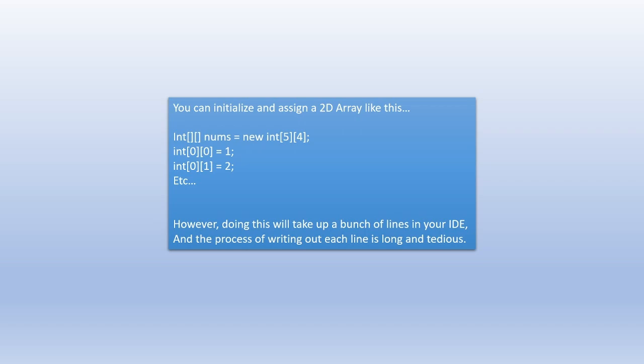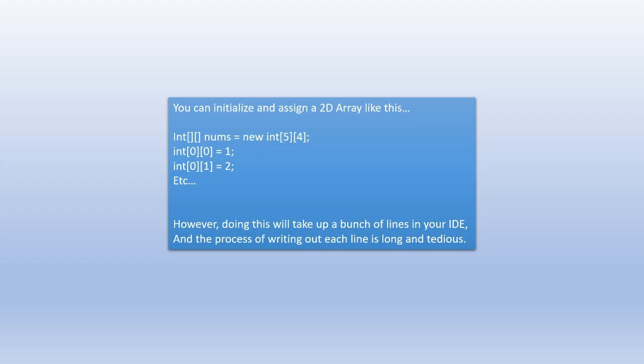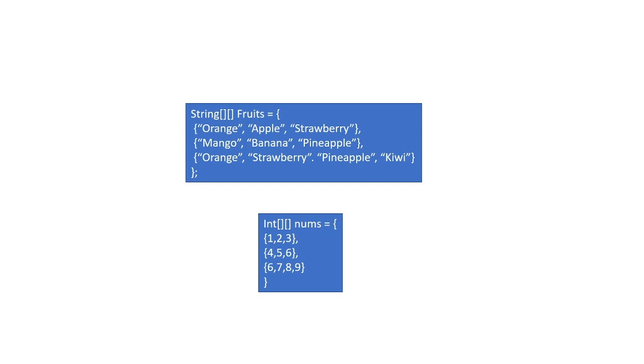If you were going to be writing a 2D array out this way, you'd be writing a bunch of lines where you essentially are doing it when you're initializing a 2D array this way. So I would highly recommend you writing a 2D array out with this syntax, because you're going to be saving yourself a bunch of time.